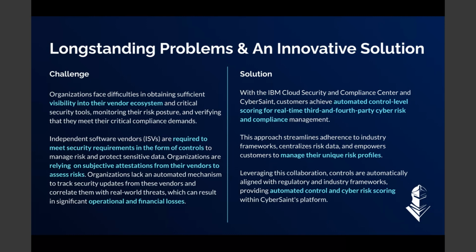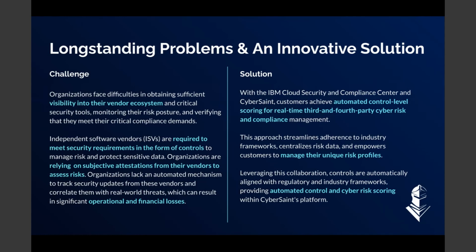risk. So independent software vendors are required to meet security requirements if they're going to be hosted in IBM Cloud, and they're required to meet them in the form of controls to manage risk and protect sensitive data. Organizations are relying on subjective attestations from their vendors to assess risk. This has been the state of play for years. We all know this. And the dream has always been, let's automate it.